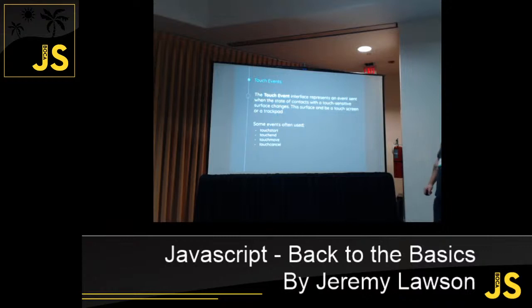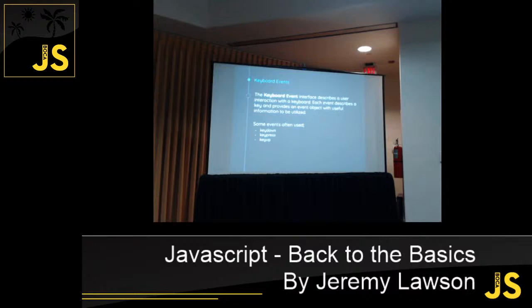Touch events are an interface that represents an event sent when the user connects with touch-sensitive surfaces. Touchscreens or trackpads are the most commonly used. Touch start, end, move, and cancel. Again, there are a few more out there, but these are the ones that I most frequently interact with.